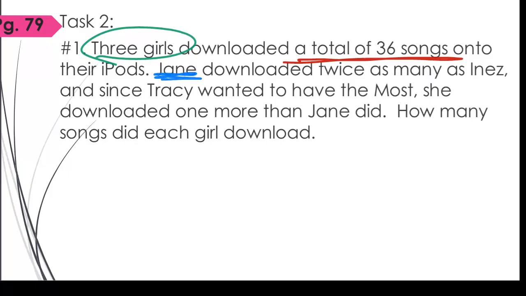Jane. Jane is twice as many as Inez. And then Tracy wants to have the most. She downloads one more than Jane. All right, let's go back to total of 36 songs. If I'm talking about total, what operation are we using?